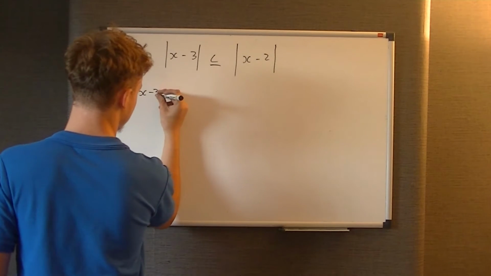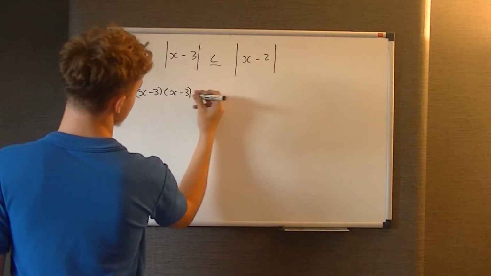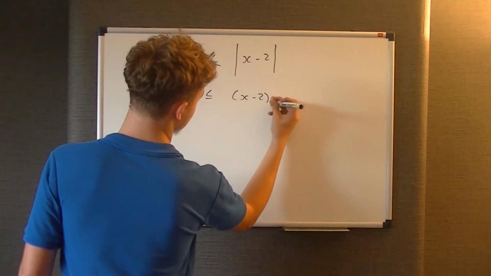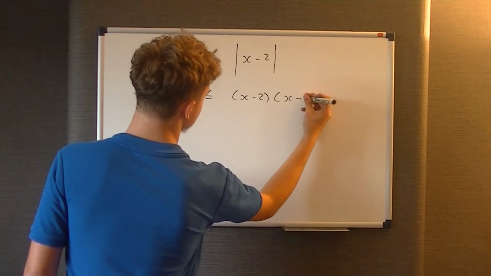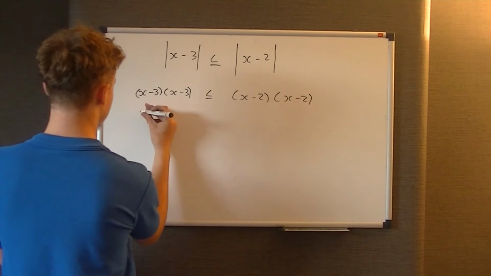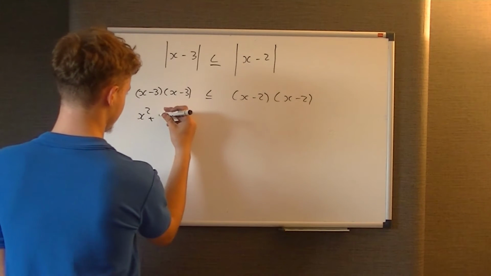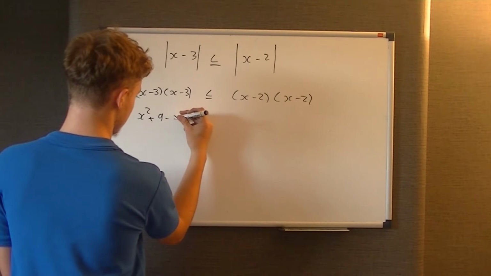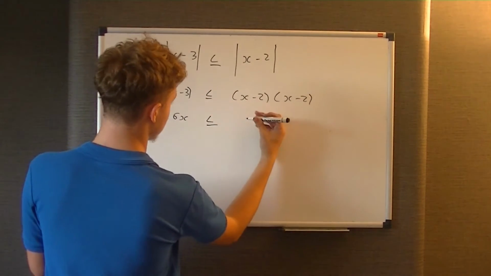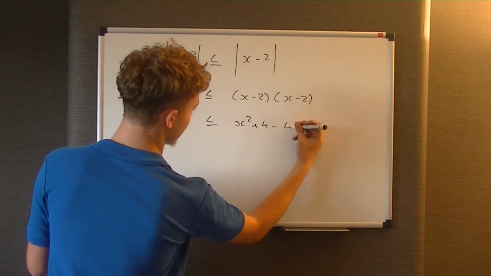So double brackets: x take 3 times x take 3, and x take 2 times x take 2. Don't forget to leave the correct sign there. So that's going to be x squared plus 9 take 6x is less than or equal to x squared plus 4 take 4x.